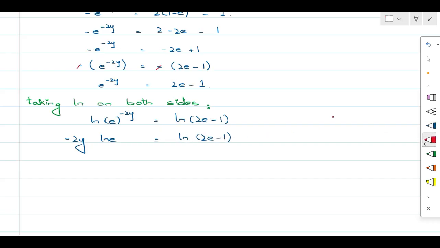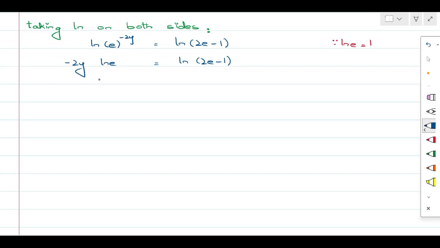We all know that natural log of e is always equal to 1, so we can simplify further. Minus 2y is equal to natural log of 2e minus 1, because natural log of e is 1. Okay, and y would be equal to negative 1 by 2 natural log of 2e minus 1.